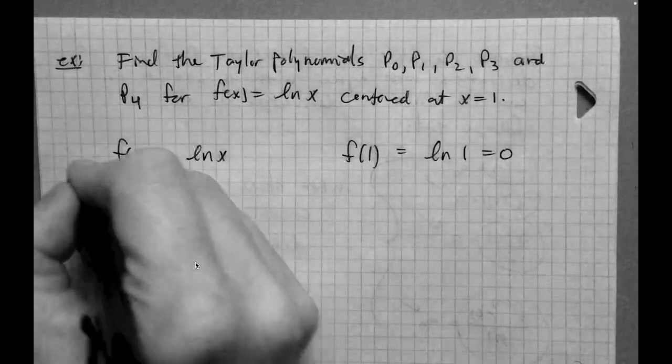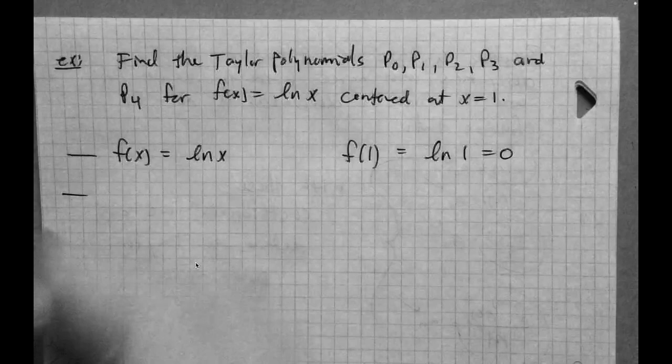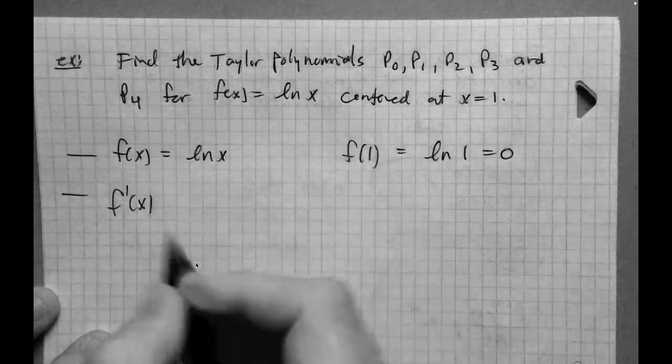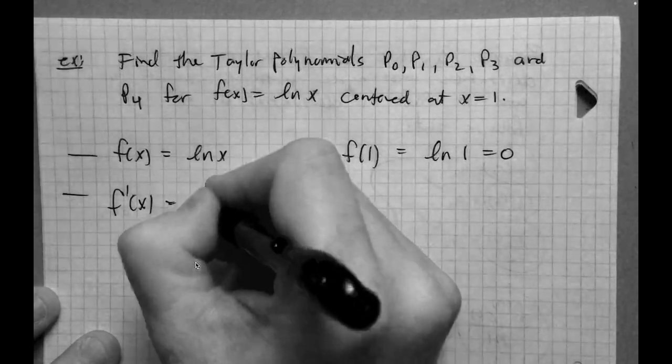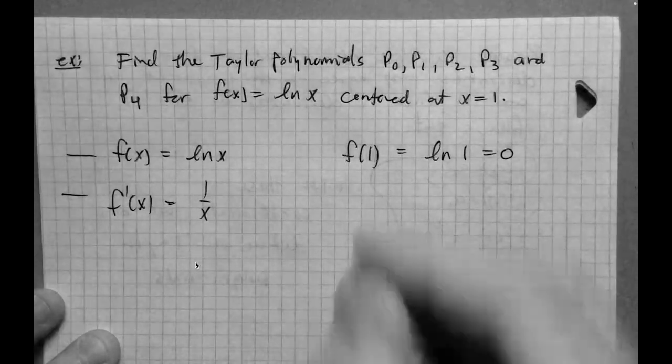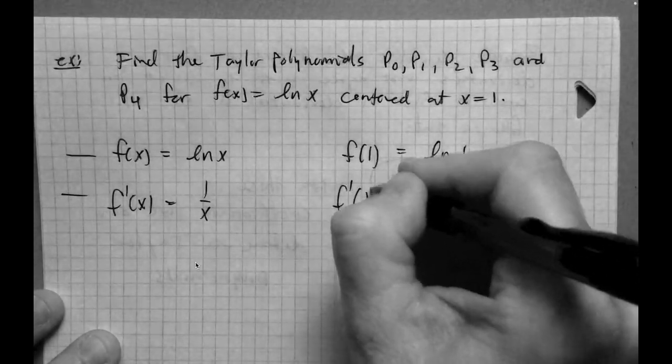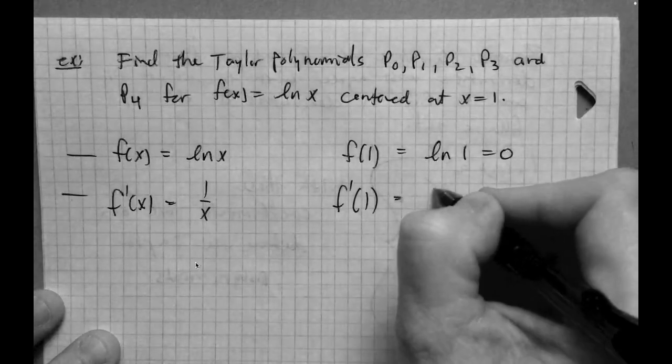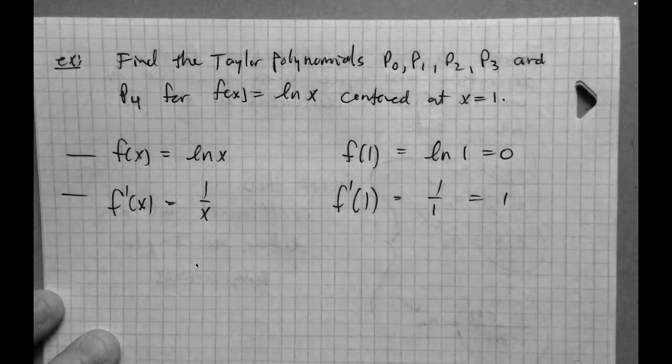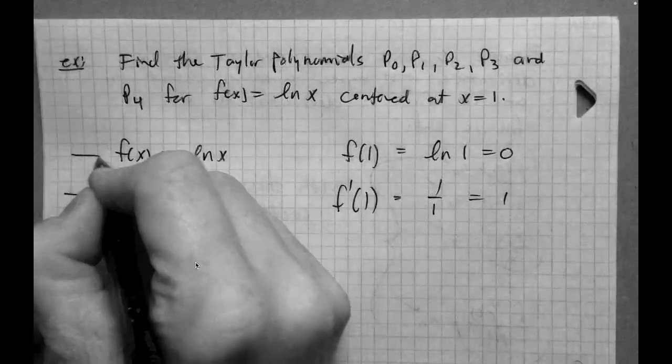Then the derivative of ln x is 1 over x, so the derivative evaluated at 1 is 1 over 1, which is 1.